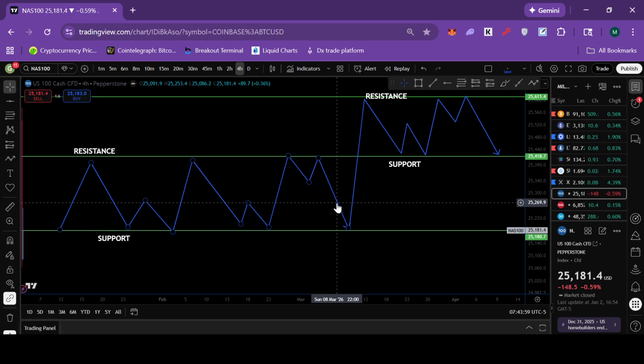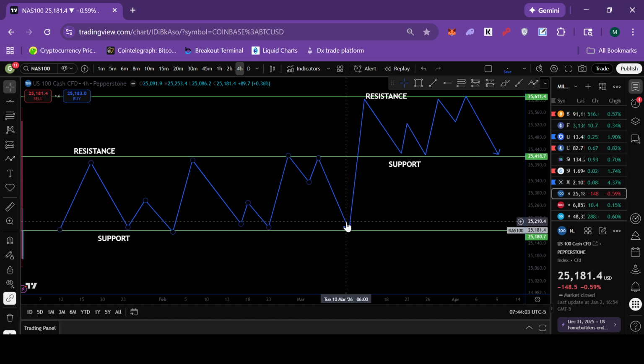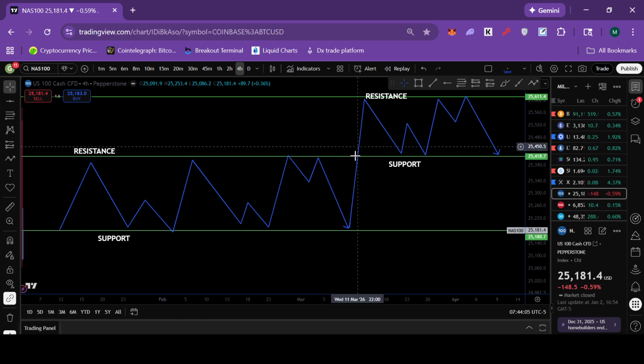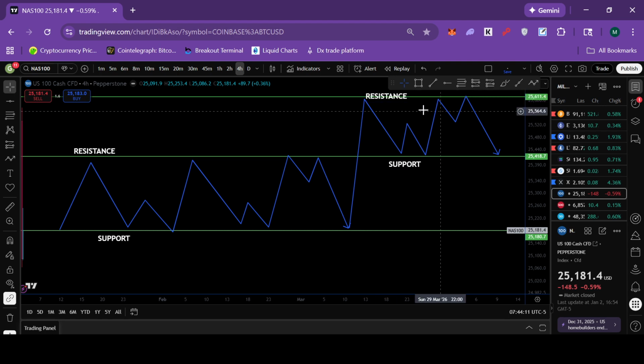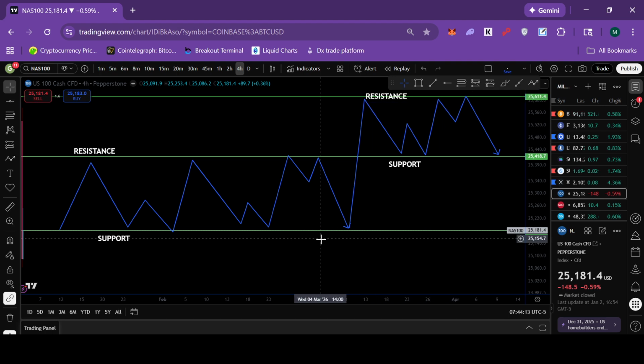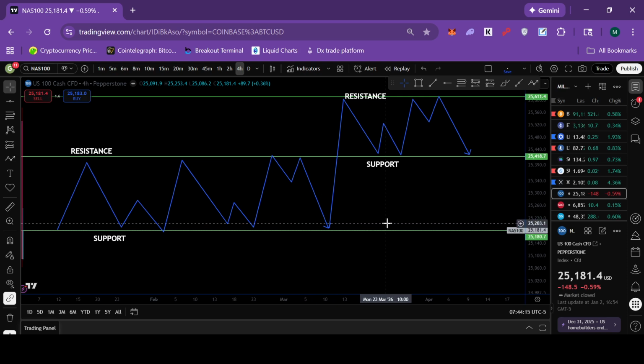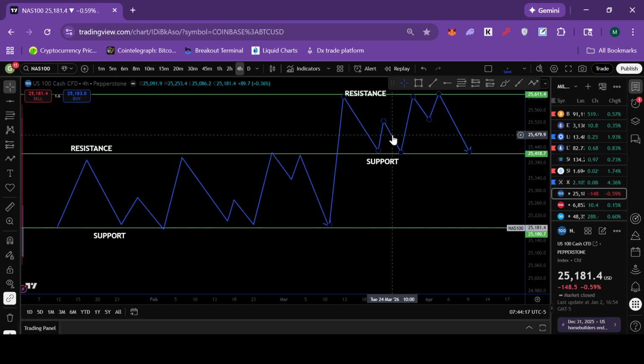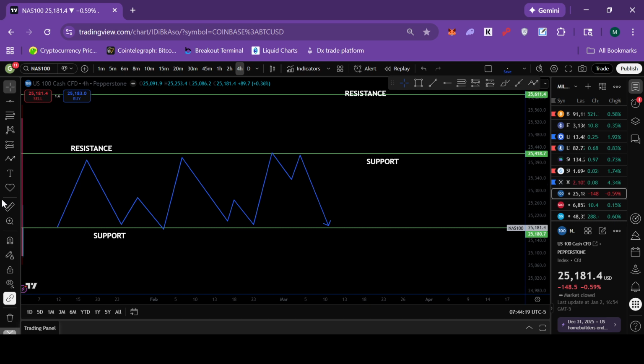So think about it like a building. You start off on the first floor, you have your floor, you have your ceiling. If you go up to the next floor, your old ceiling is now below you, becoming your support, and you have a new roof, a new ceiling, which is a new resistance, right? And they'll do the same if it went the opposite direction, if it were to go down, right?